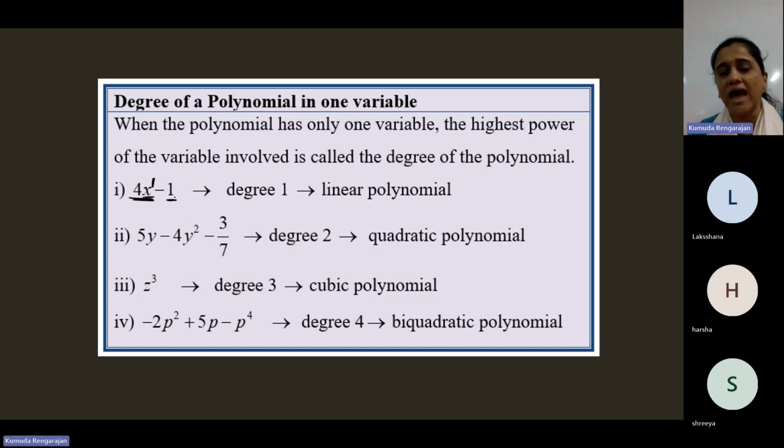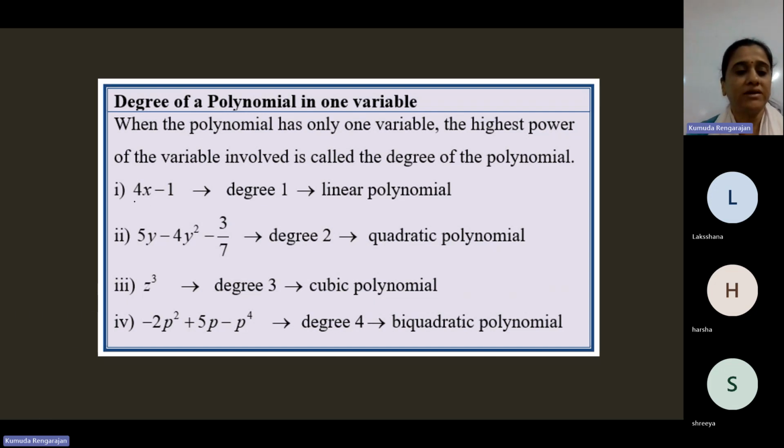Actually, you can fix a variable: 1 means 1 x to the power 0, because anything to the power 0 is 1. So the power is 0, and the bigger number between 1 and 0 is 1. But you can just leave it. I'm just telling you that 1 can also be looked at as 1 x to the power 0.